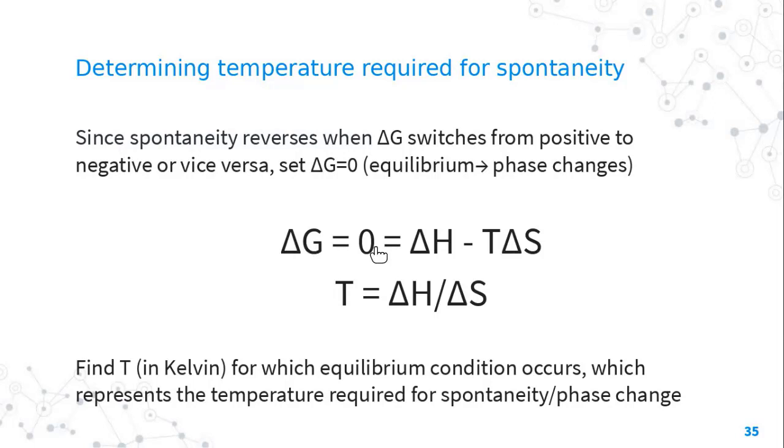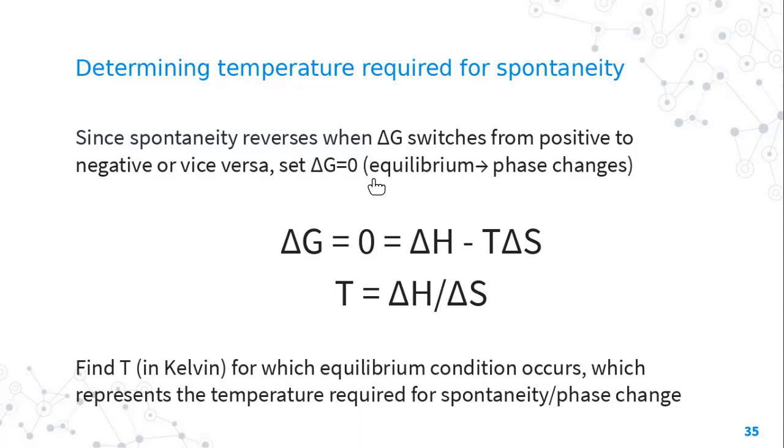We can set it to 0, and then we can put in different temperatures and have our delta H and delta S values that come from the chart, and we can figure out what that temperature is. And so if you put all these on the one side and isolate T, you can say that T is equal to delta H over delta S, and that will tell you what your temperature is that's required for spontaneity.